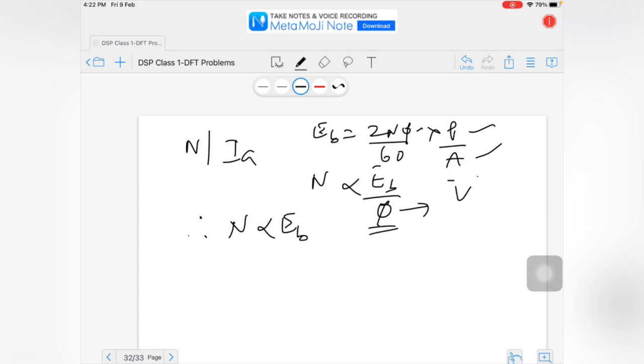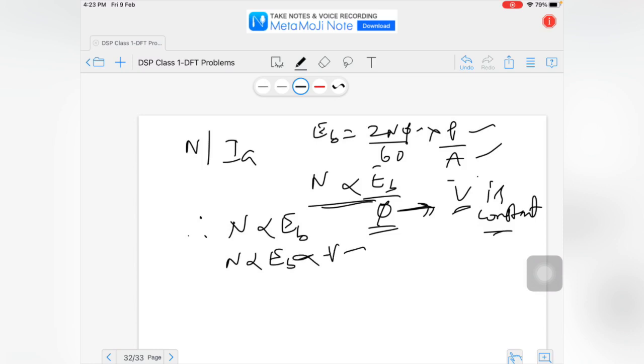Because in the shunt motor the voltage applied is constant, hence flux also remains constant. So the remaining thing is N is proportional to EB. What is EB? From the voltage equation, V minus Ia RA. Therefore N is proportional to EB, and EB is proportional to V minus Ia into RA.